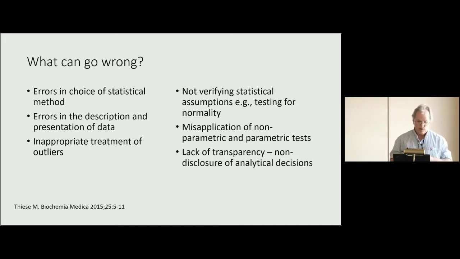So this is a list of the common errors: errors in choice of statistical method, using the wrong statistical method, not adhering to certain assumptions, errors in the description and presentation of data, and inappropriate treatment of outliers. Often you'll have a result, an observation, that may not fit into your perceived notion of what that value should be, and you delete it.